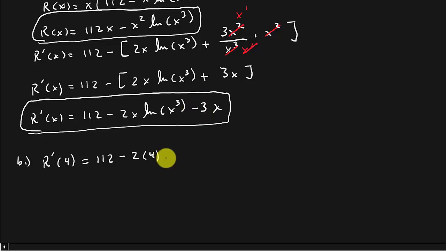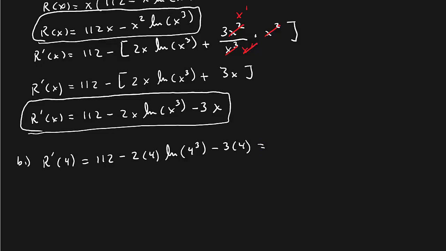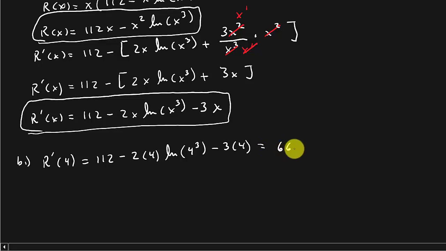Minus 2 times 4 times natural log of, no, I'm sorry, not 2 cubed, 4 cubed, minus 3 times 4. And that is going to give us an answer of 66.73. Okay. All right.